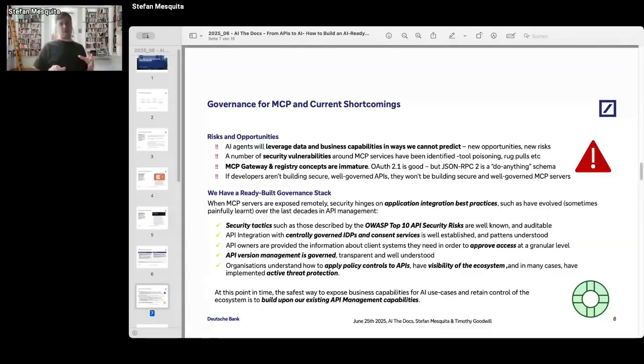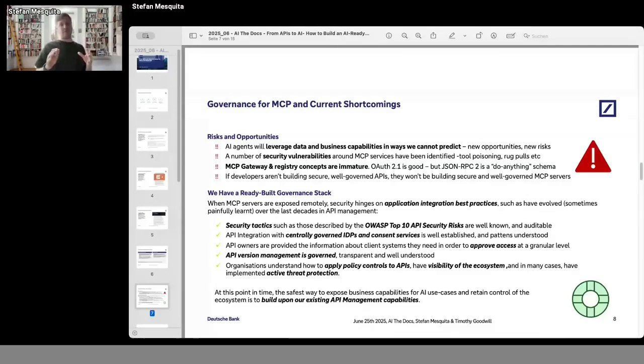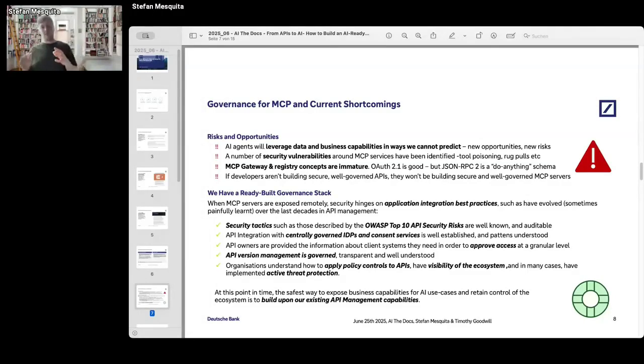Now, the MCP are bringing some benefits. Tim is back. MCP is bringing benefits, but there are some risks. The thing is that with MCP, with agents interacting with AI, this whole thing may go in a direction that today we simply cannot predict.